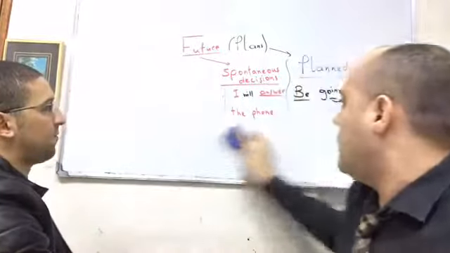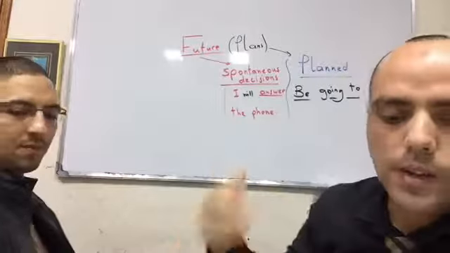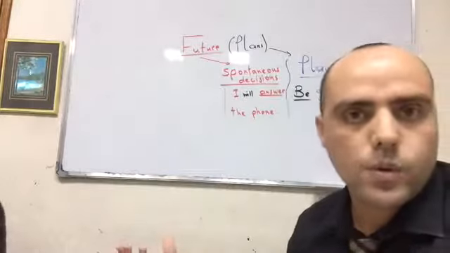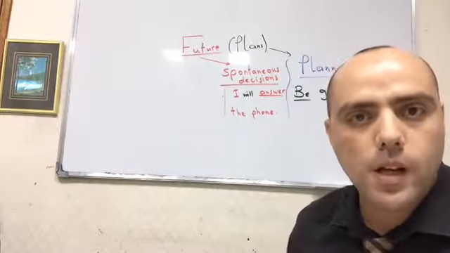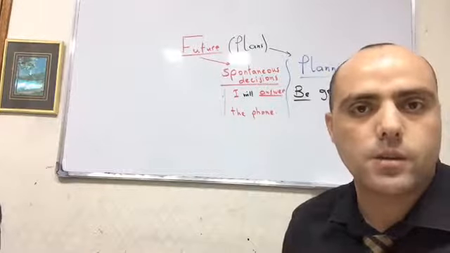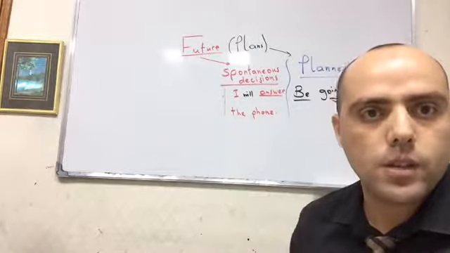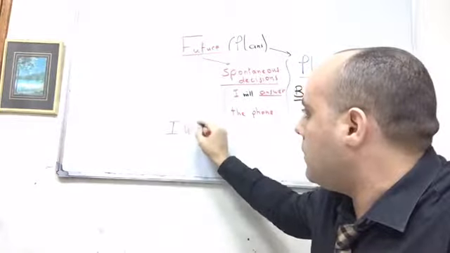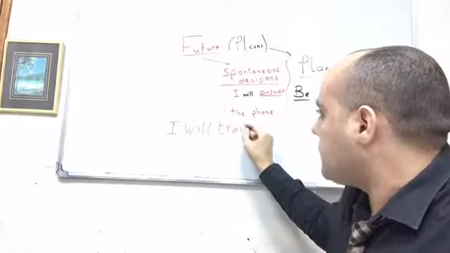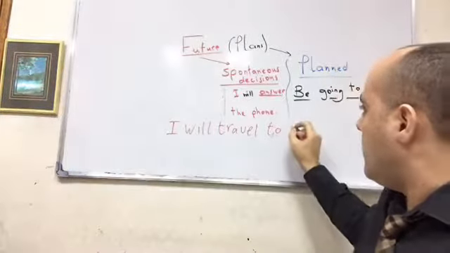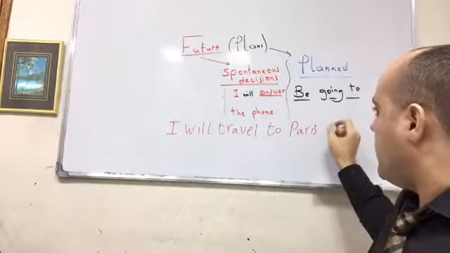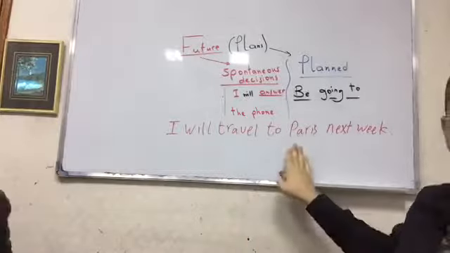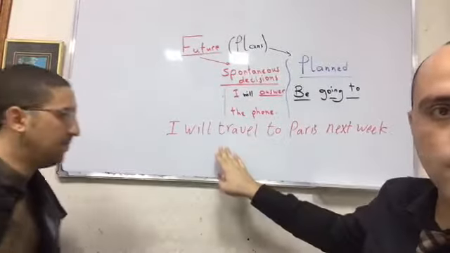All right. I'm going to write down in front of you here three sentences, three examples on the board that may show the difference between using will, using be going to, and using the present continuous tense to express the future. So let us see. For example, if I said I will travel to Paris next week. That's a very simple sentence using the future simple tense.